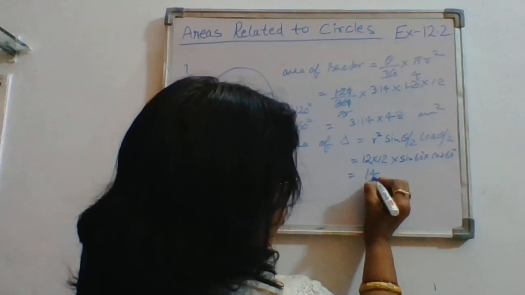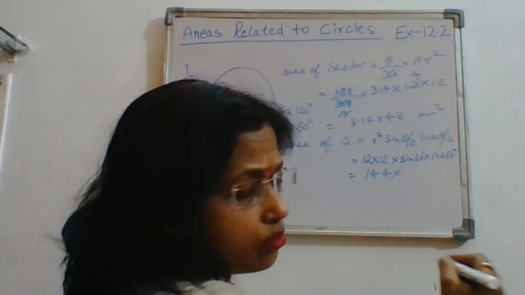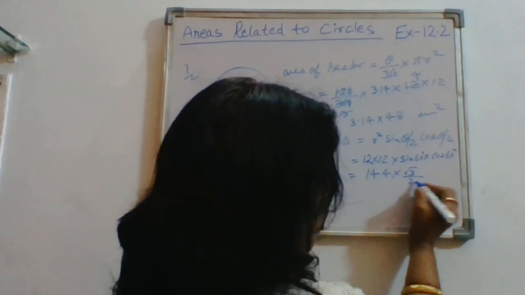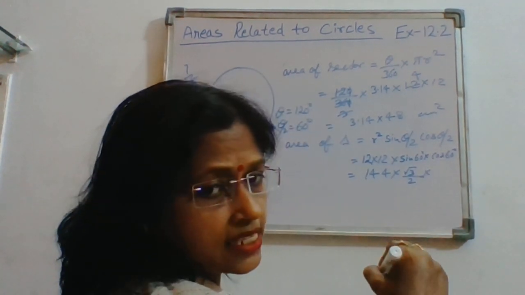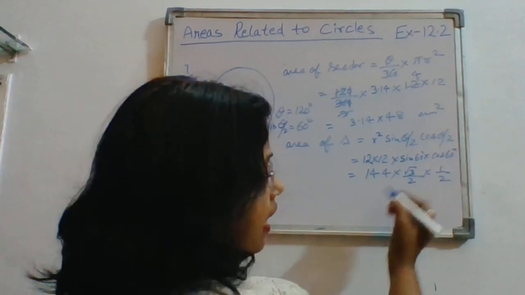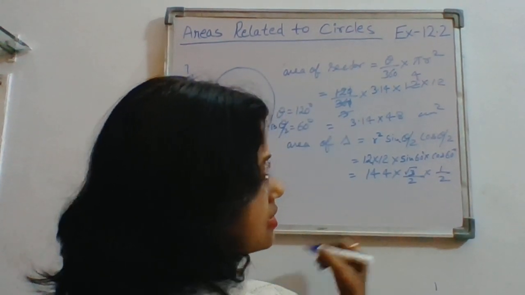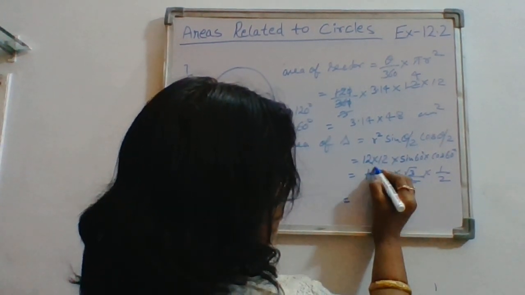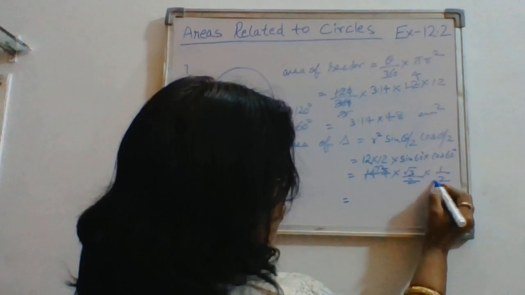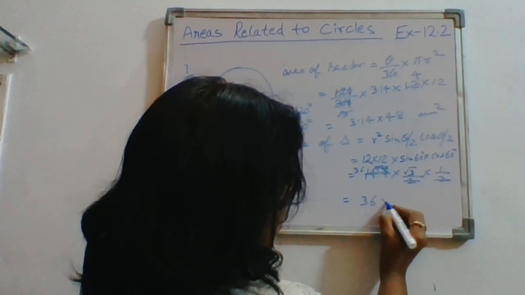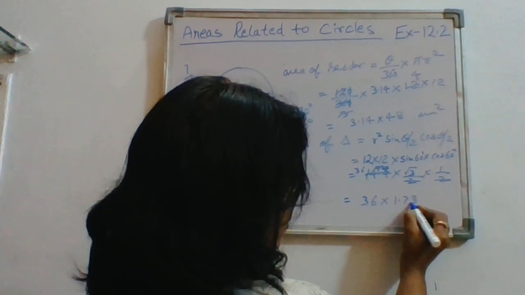12 12s are 144, and we know the value of sin 60 degree. Sin 60 degree is root 3 by 2, and cos 60 is 1 by 2, right? And they have told to take this as 1.73. So you can calculate here 2 36s are 36 into 1.73.